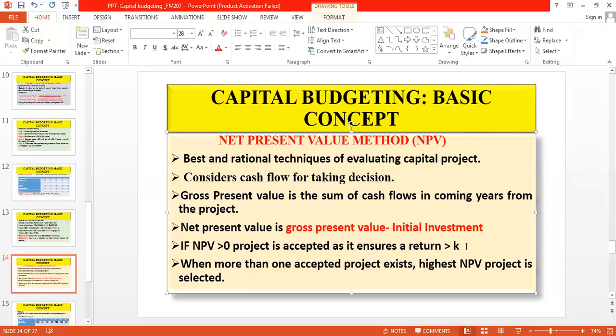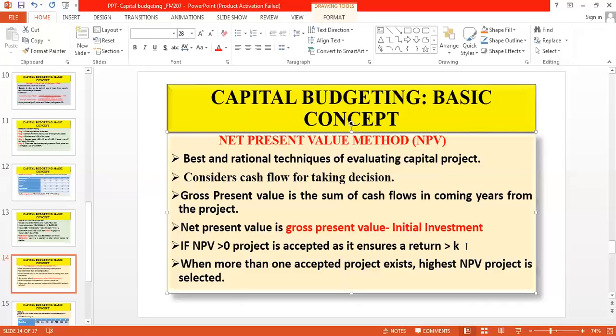Now, after accepting the decision, there can be more than one project before you which are accepted. So in that case, obviously the question is which one you will consider for investment. If you have to consider only one project for investment, which is very common for mutually exclusive projects, then you will consider the project with the highest NPV.